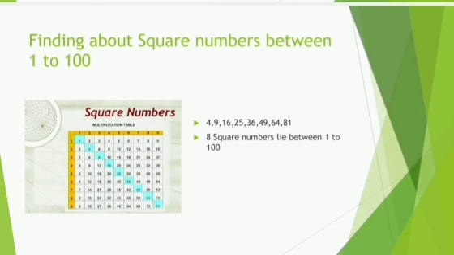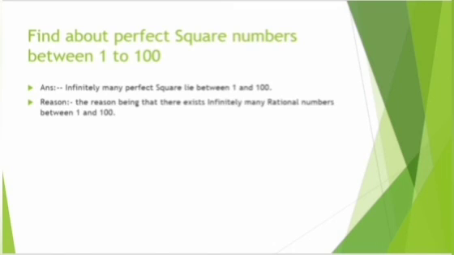Finding the perfect squares between 1 and 100 would not be easy because square numbers are squares of an integer. There are a limited number of integers between 1 to 100. But perfect squares are the square of a rational number. There are unlimited numbers of rational numbers between 1 to 100.